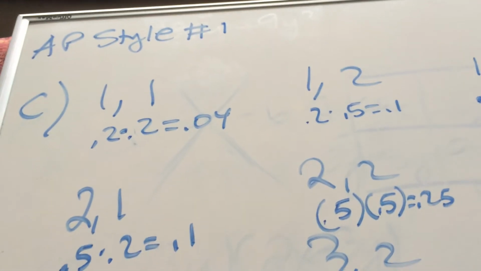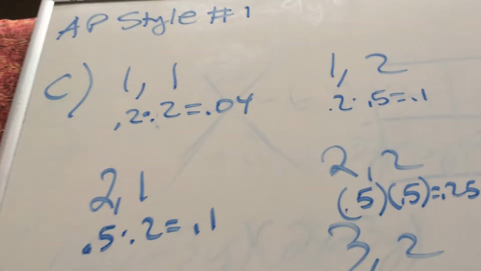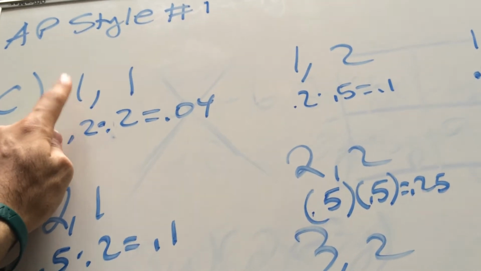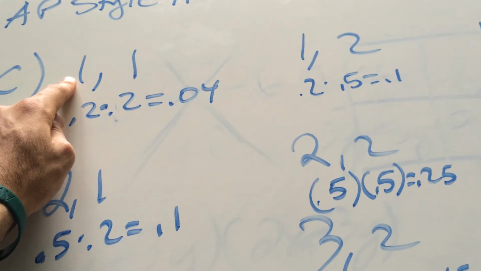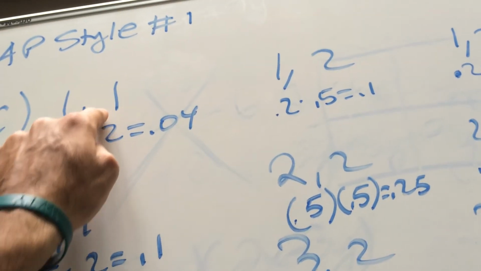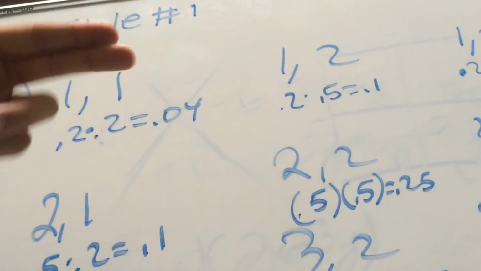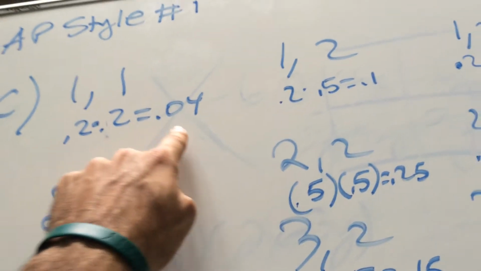The reason I'm enunciating "and" so much is because I want you to think "and" means multiply. The probability of drawing a 1 for x is 0.2, as the graph shows. So the probability of getting a 1 and then a 1 again is 0.2 times 0.2, which is 0.04.